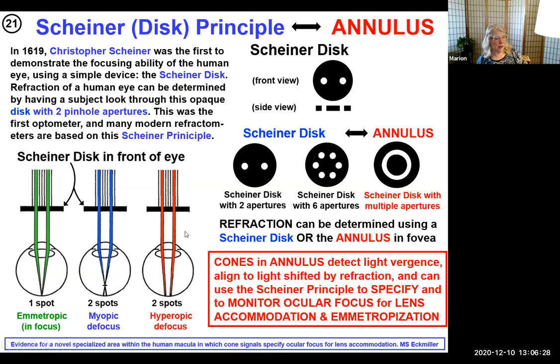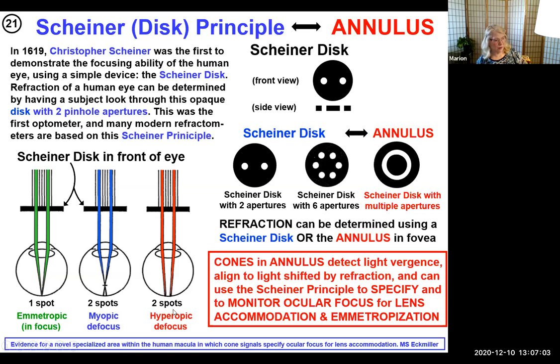He actually used white light, but if the disc is at the right distance from the eye and the light is coming from infinity, and the eye is emmetropic and in focus for that light, then the light will form one spot on the back of the eye, namely on the fovea. If, however, the eye is myopic, then 2 spots will be formed on the fovea.